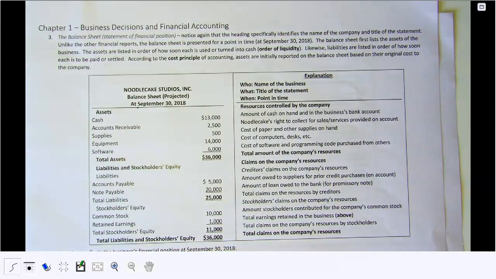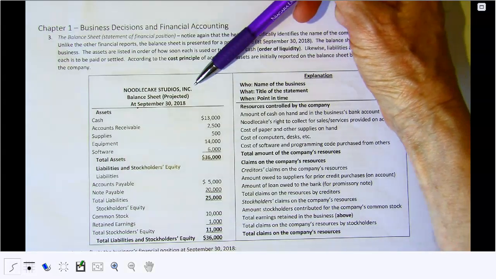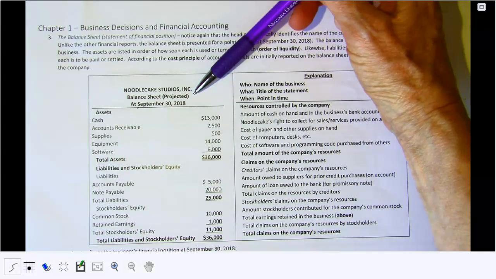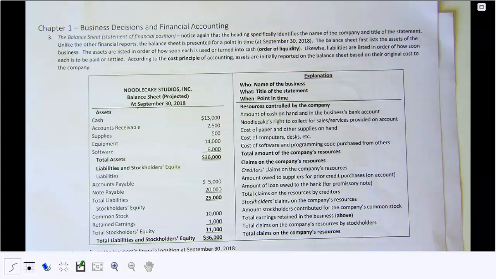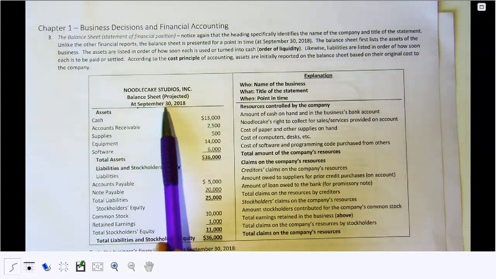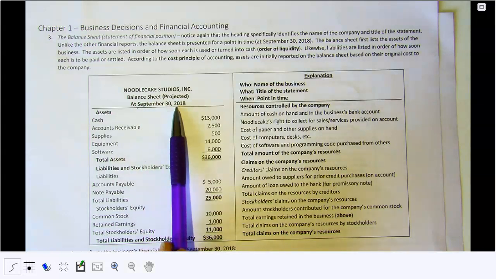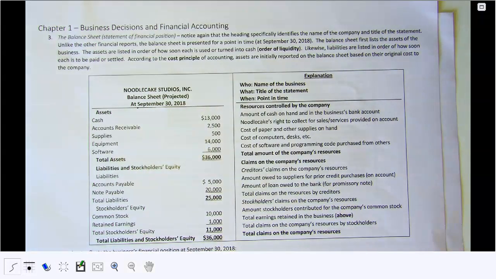Again, we have a similar setup with the heading. We've got the name of the company on the first line, the name of the statement, balance sheet on the second, but look at the third line. In the third line, we have just a date. We don't have for the month ended or for the year ended. We have simply the date.